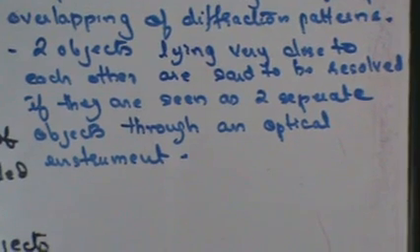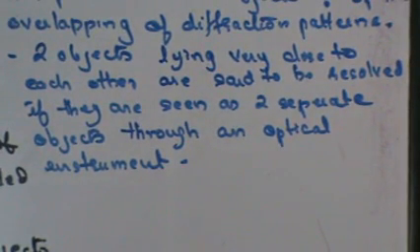Right? And this ability of an optical instrument to produce two separate images of two objects lying very close to each other is called the resolving power of an optical instrument. Right?